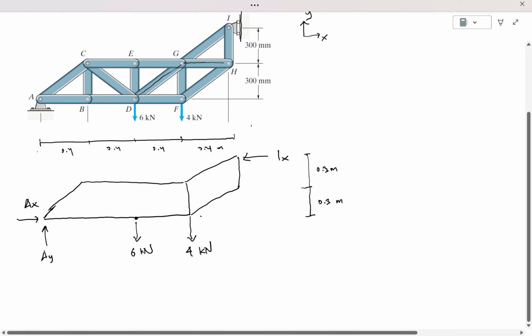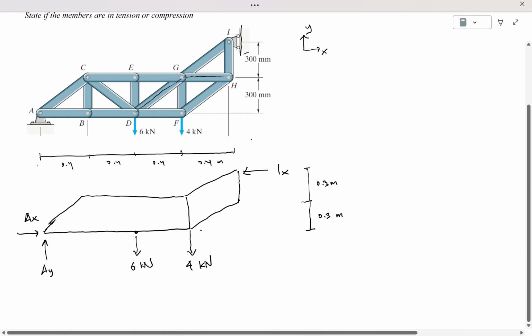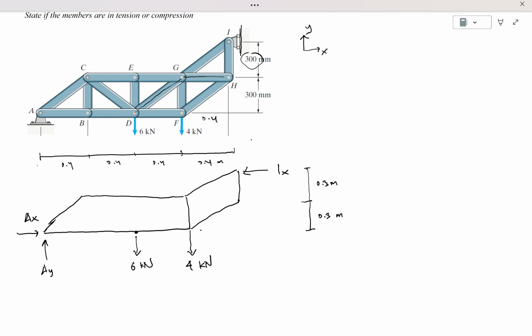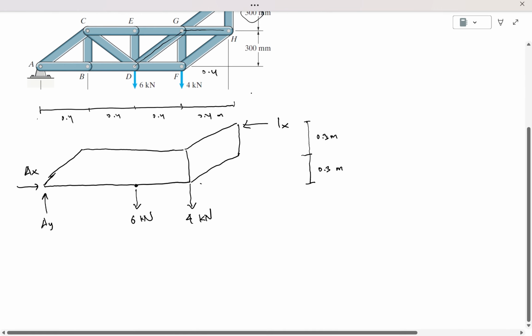So by looking at this, 0.3 and 0.4 means that it has a 3-4-5 relationship by Pythagoras. For the diagonal, for example, if this is 0.3 and this is 0.4, it means that this truss member is 0.5 meter. I hope you understand that, so I don't have to explain again. So let's focus on the free body diagram.